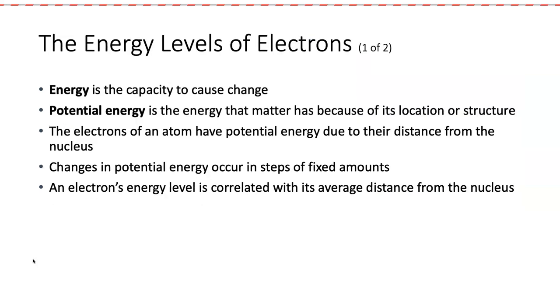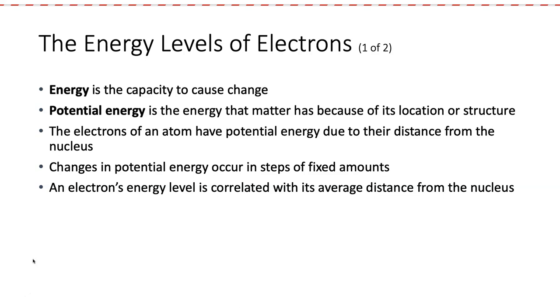So we need to think about energy. Biology is also focused a lot on energy, and we define energy as the capacity to cause change. That means if something is able to change something else, that thing has energy. Potential energy is energy that all matter has simply because of where it's located or the structure that it has.